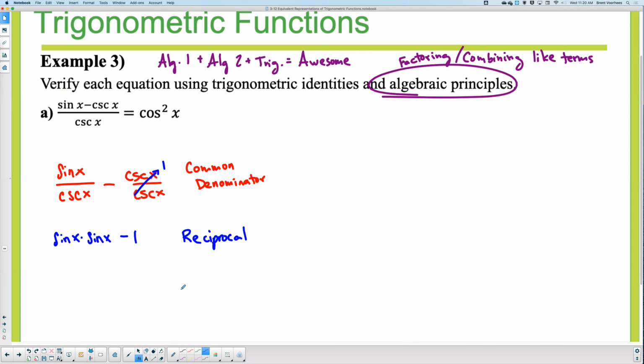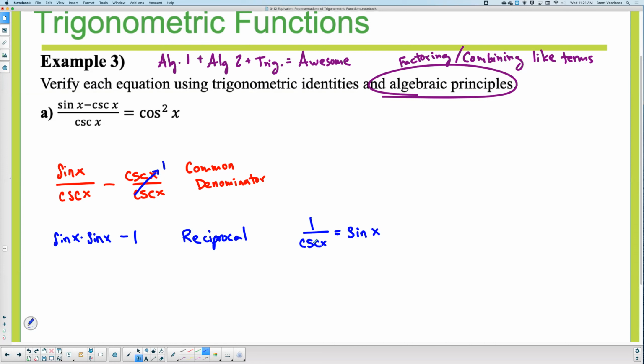Right, so if cosecant is dividing, that's the same thing as multiplying by a sine, because they're reciprocals. So you could say it's like sine times 1 or whatever.